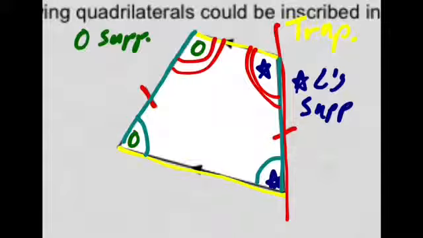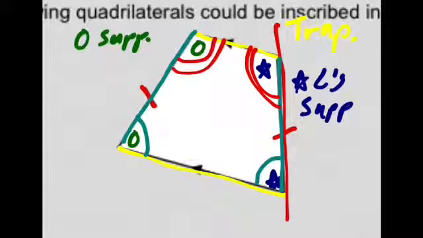Well, if these two guys are congruent, let's just say that their measures are 80. That's 80 and that's 80, right? And if these two guys are supplementary, what would the measure of this one be? 100, right? Because they both have to add up to 180. And then what's the measure of this one?